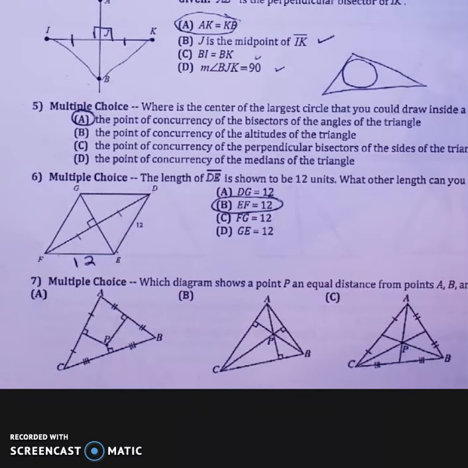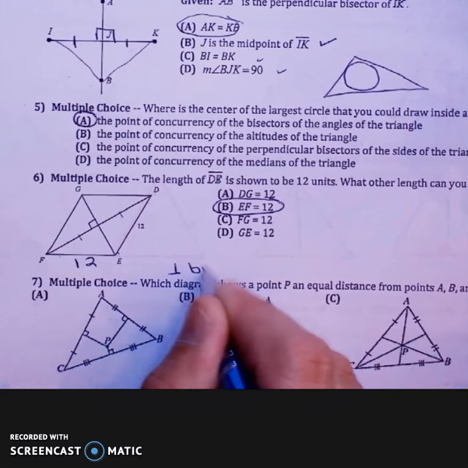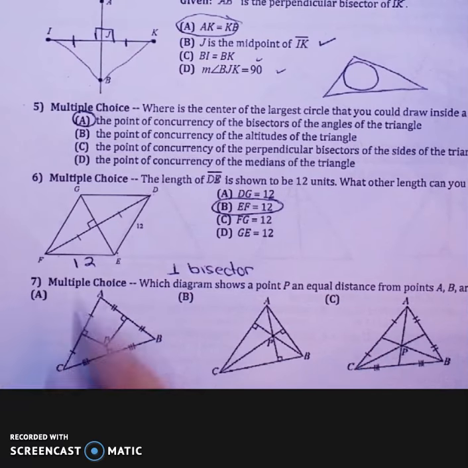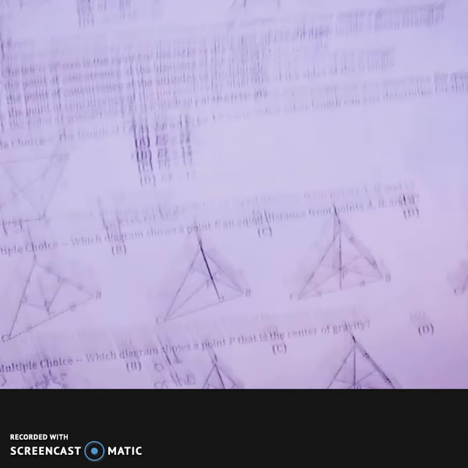And I'm off the page, I'm looking at the wrong one. Let's go back up here. Which diagram shows a point P equidistant from A, B, and C? So that means I'm looking for the perpendicular bisector, which corresponds with A.